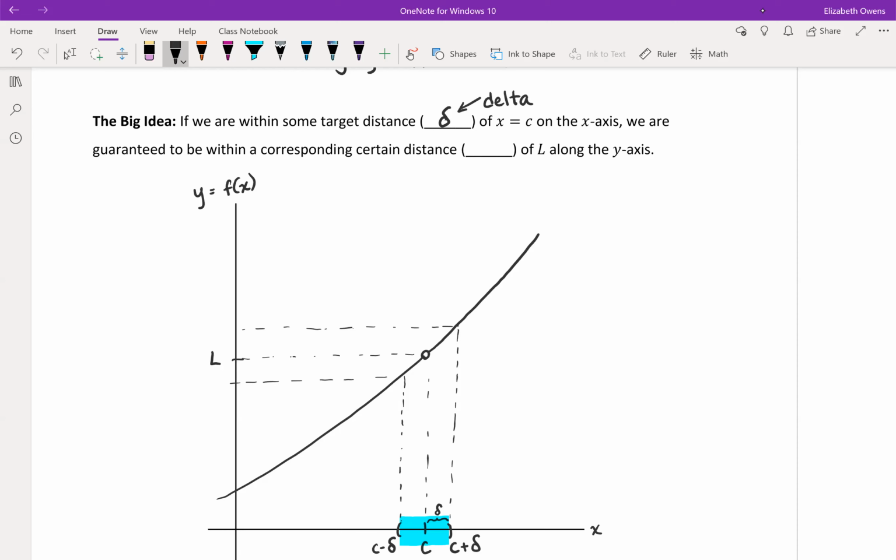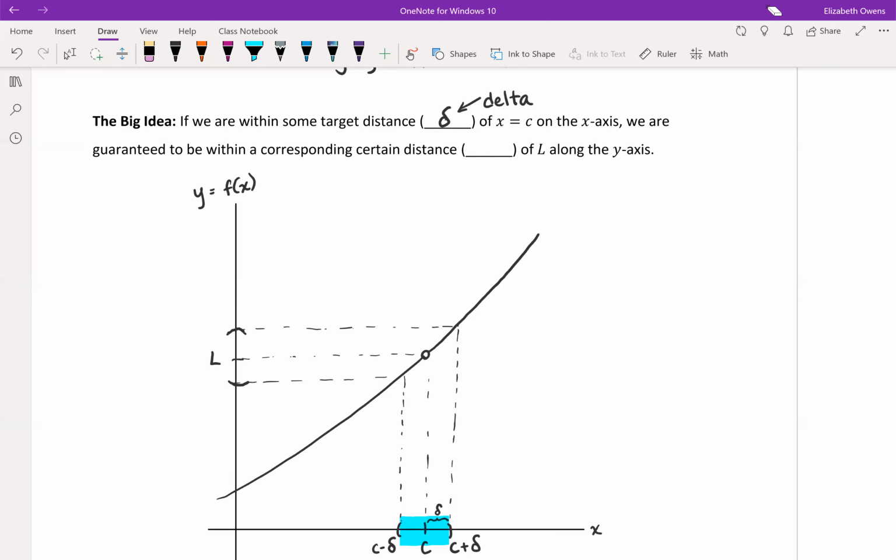We can see that doing this creates a little margin or a little area around y equals L. Just like we were doing down on the x-axis here, we have a situation that looks like that on the y-axis now.